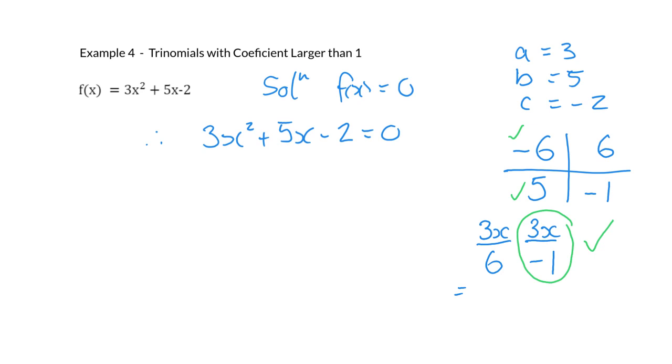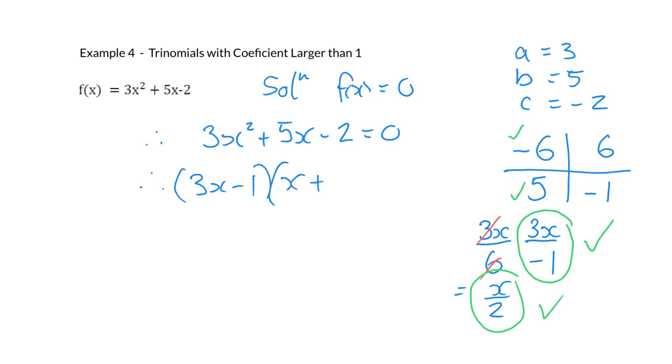However, we can cancel off a 3 on the top and the bottom, which leaves us with x over 2 for the fraction on the left hand side, and now that's in its simplest form. Therefore, we have 3x minus 1 and x plus 2 as our factors.